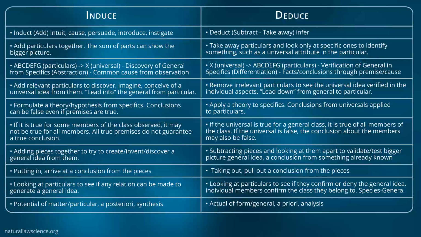You can keep looping either down into lower universals until you get to the particular, or you can go up from the particular into higher and higher abstracted universals. So again, induction is the potential of matter, the particular, and it's a posteriori and synthesis. Deduction is the actual form, the general, the universal, and it's a priori, and it involves analysis.